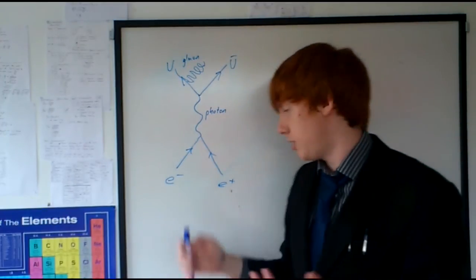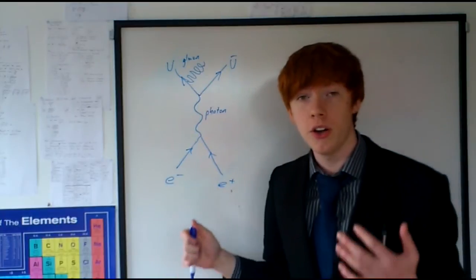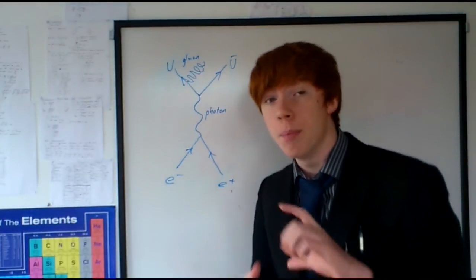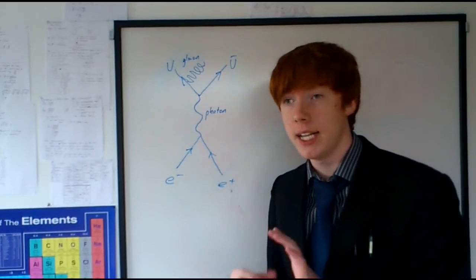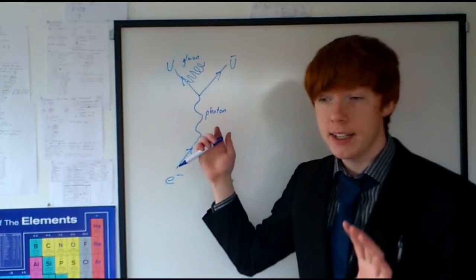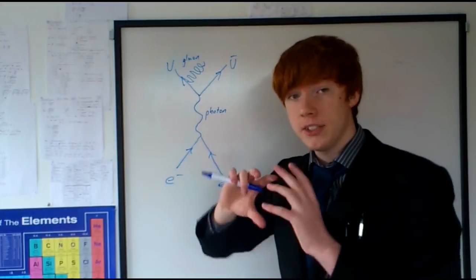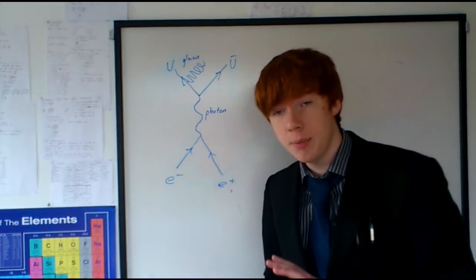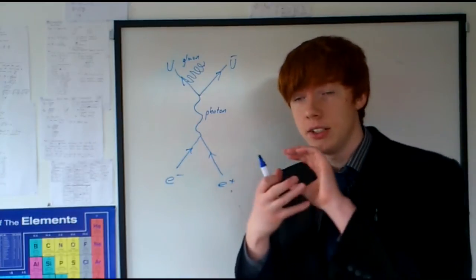Just like the photon is a quanta of electromagnetic radiation, meaning that it's essentially a piece of electromagnetic radiation, a gluon is a quanta of the strong interaction, because what a gluon does is it sticks the particles inside the nucleus together.